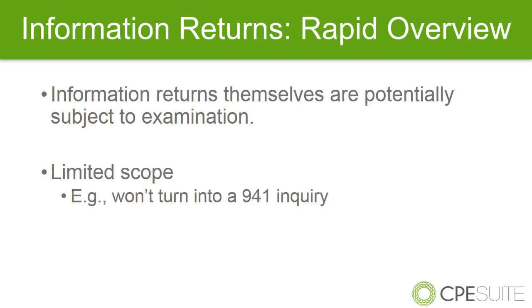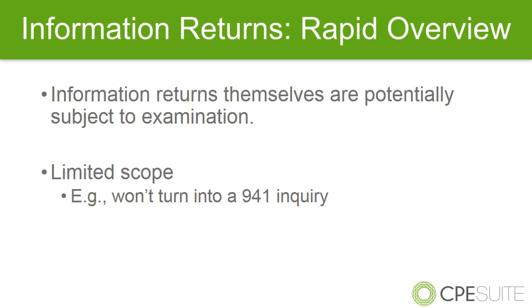These examinations are limited in scope. So, for example, if an employer is notified that they are going to be subject to an information return examination, it is by procedure at the IRS limited in scope only to the information returns.